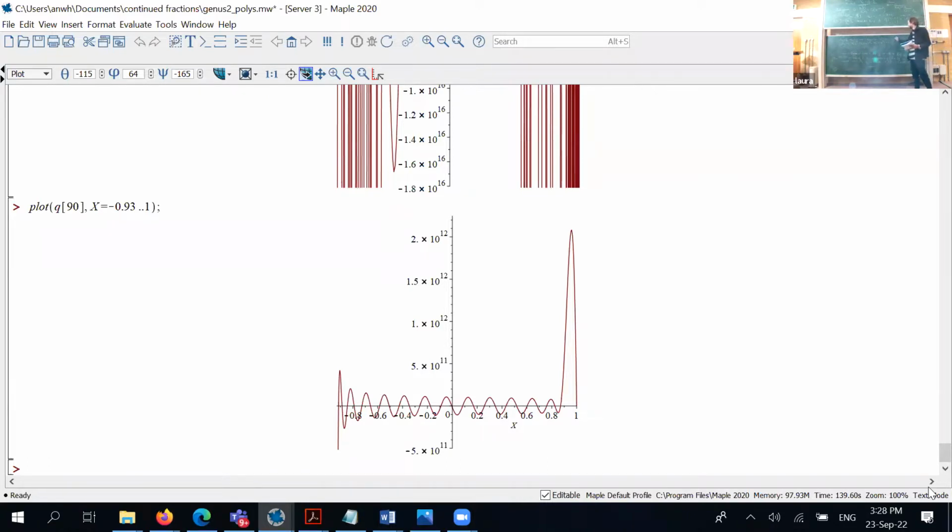And then I managed to spot that there was an invariant symplectic form like this.